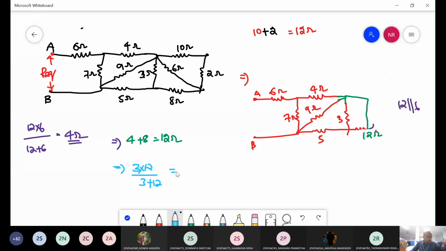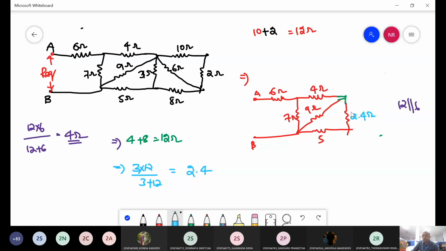How much it is? 3 into 12. 2.4. Then next level, again I am removing these two elements, right? Then the resultant value, this value is 2.4.